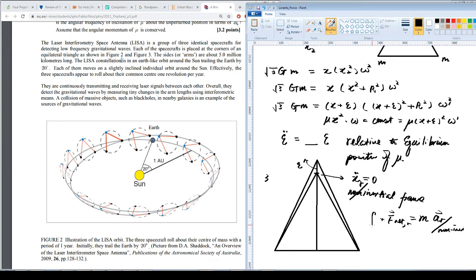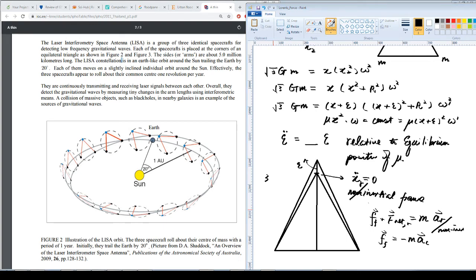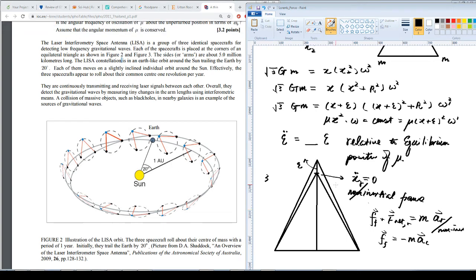So here you want to add that fictitious force, but that fictitious force is exactly negative m a centripetal acceleration. That can also work.